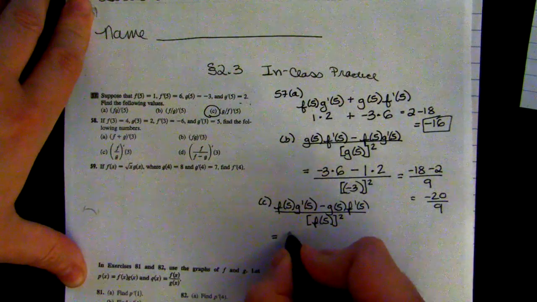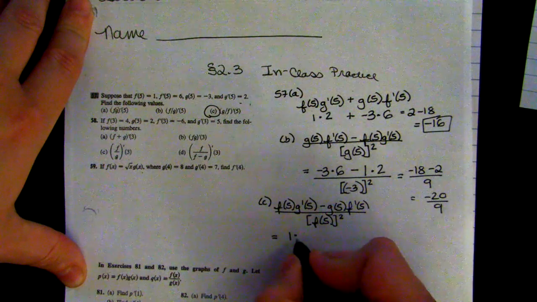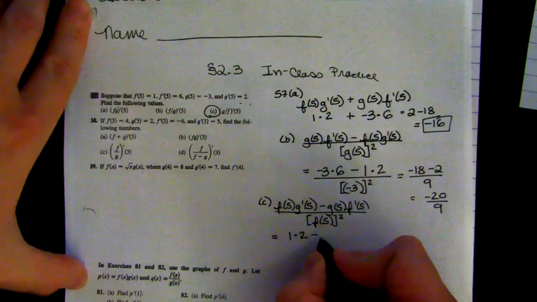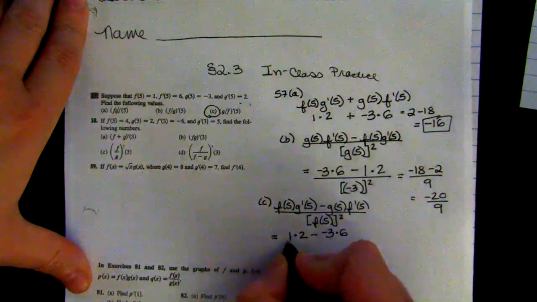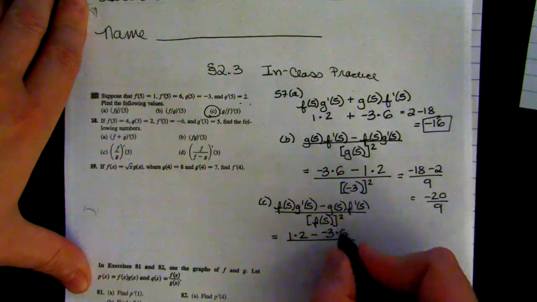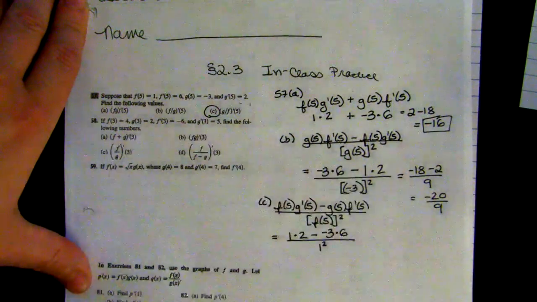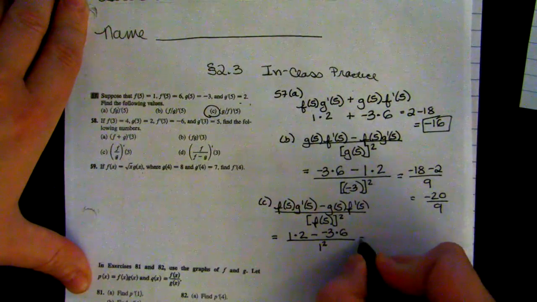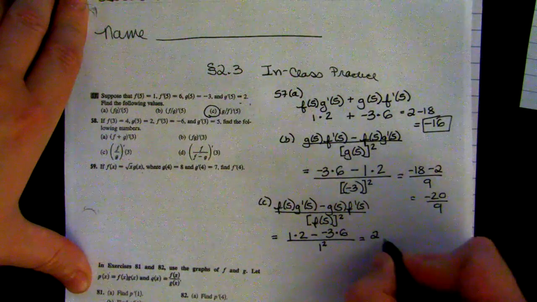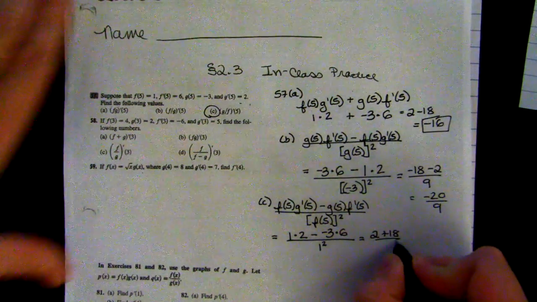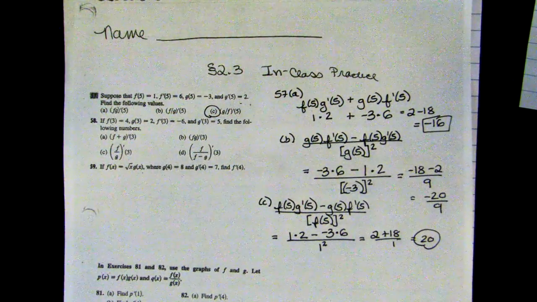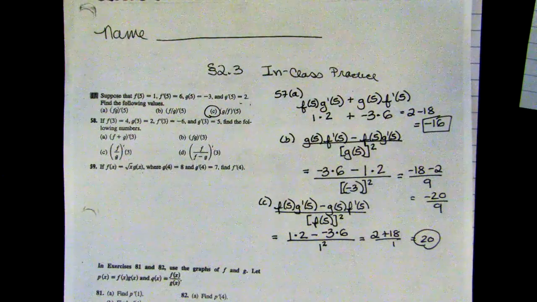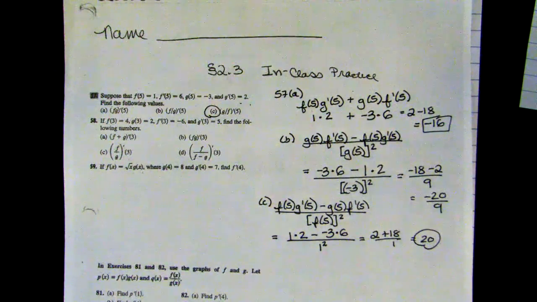Okay, so f of 5 is 1, g prime of 5 is 2, minus g of 5 is negative 3, f prime of 5 is 6, all over f of 5, that's 1 squared. This is looking like 2 plus 18 over 1. I am thinking 20 over there. But that's the basic idea with numerical derivatives. I think that's really all I want to do with that for right now.